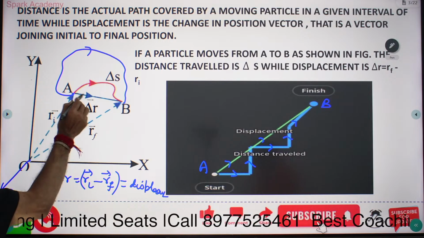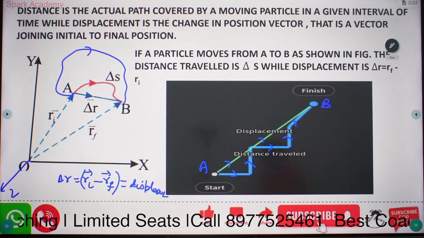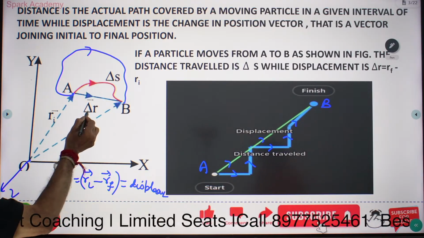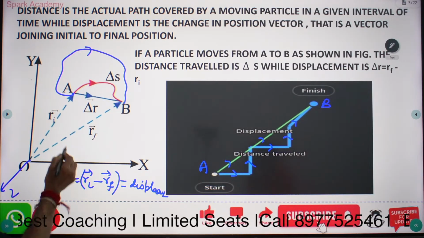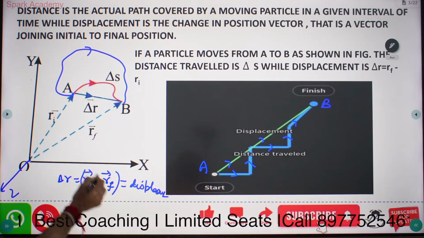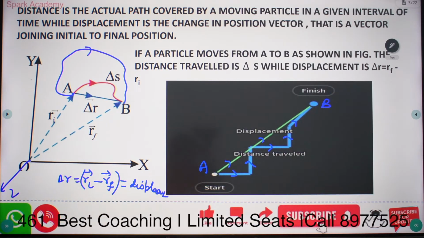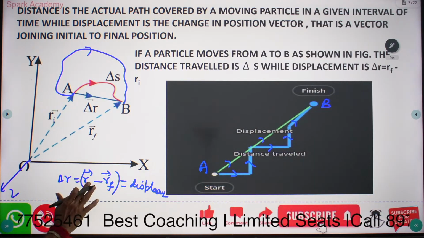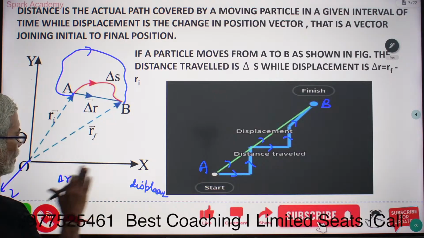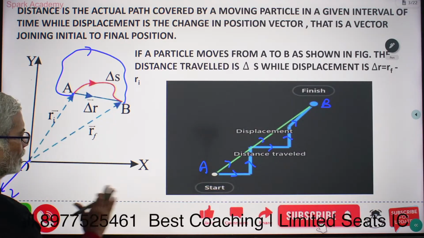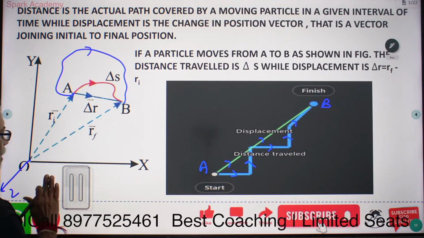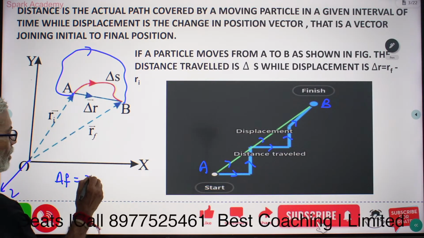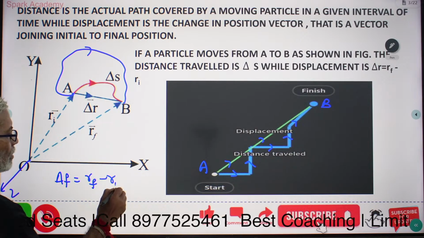Now the shortest distance travelled is the displacement. What is the shortest distance travelled? AB. AB is represented by del R. So del R will be equal to Rf minus Ri. Are you following? Rf minus Ri. Once again, del R is equal to Rf minus Ri.